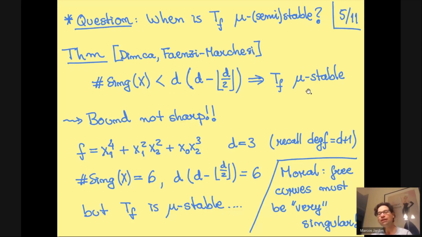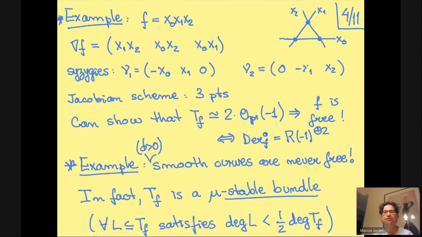And mu stable sheaves cannot be free. So mu stable bundles never split as a sum of line bundles. If you have a bundle that splits as a sum of line bundles, you always have a subbundle violating this inequality. One of the factors will violate this inequality here.